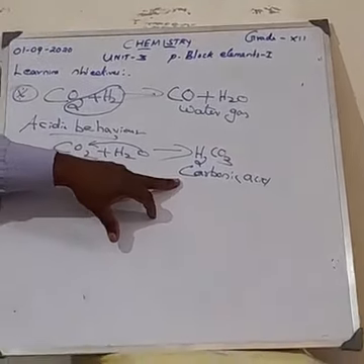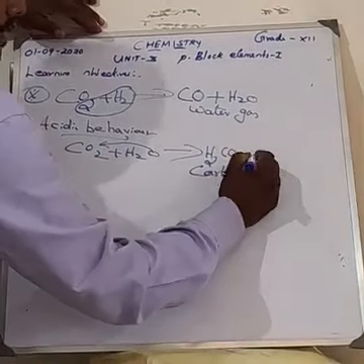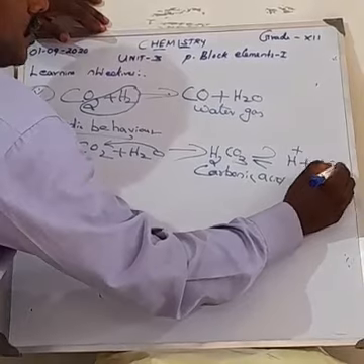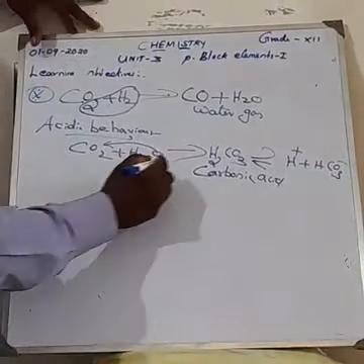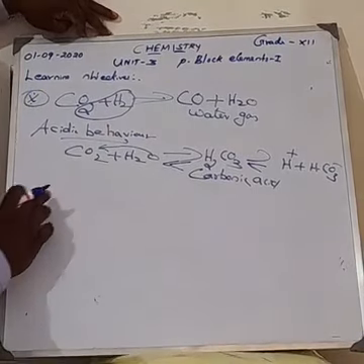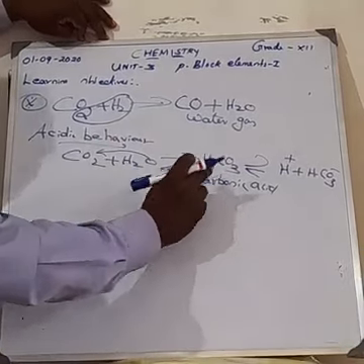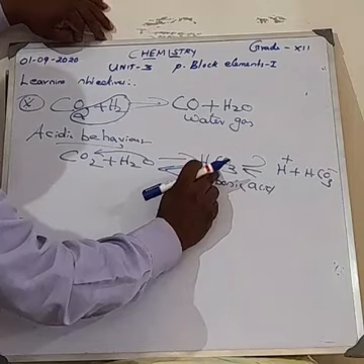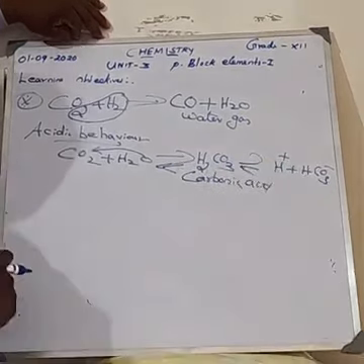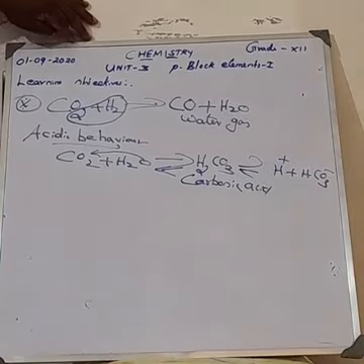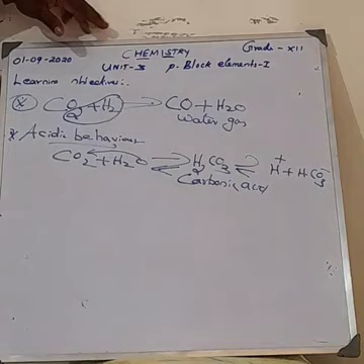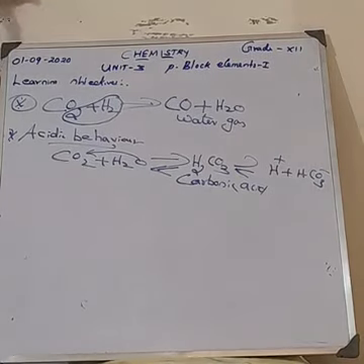This again undergoes dissociation to form H plus and HCO3 minus ion. This is both a forward and backward reaction, an equilibrium reaction, interconvertible, forming H plus ion and bicarbonate ion. It's a very, very important question. Acidic behavior, and this question also very, very important.